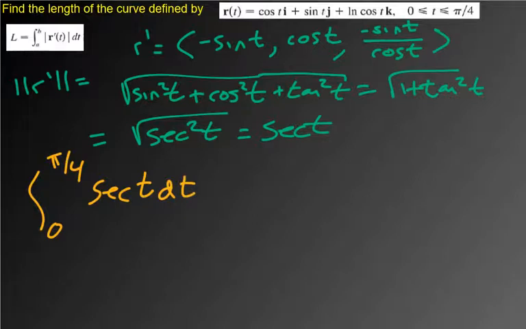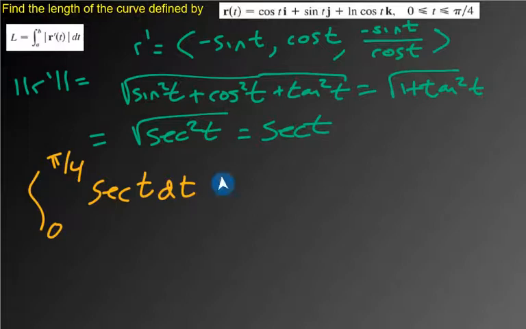And this integral is probably one that you don't know off the top of your head. It's kind of a weird one. It's in the table of integrals in the back of the book, or maybe it's the front of the book. I think it's the back.